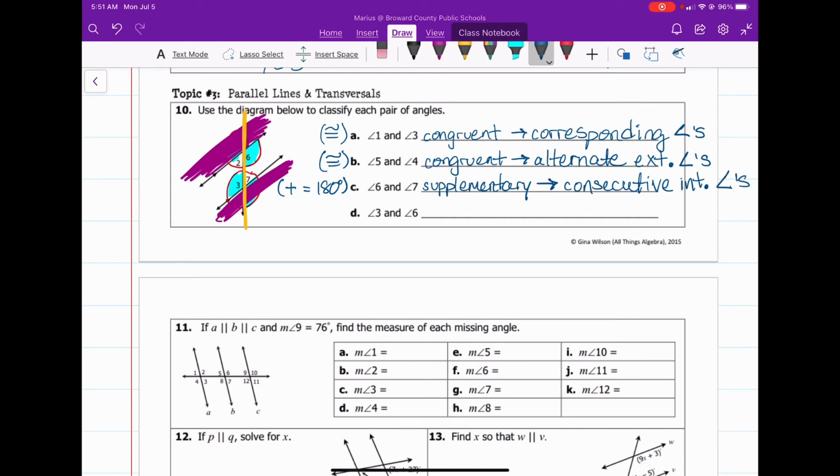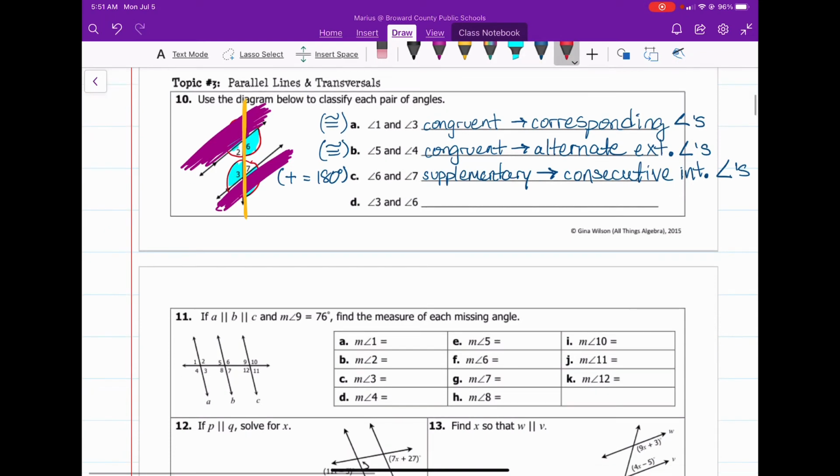Our other pair of consecutive interior angles would be 2 and 3, because they're on the same side of the transversal but two different colors. Consecutive interior angles are supplementary, which means they add to equal 180.